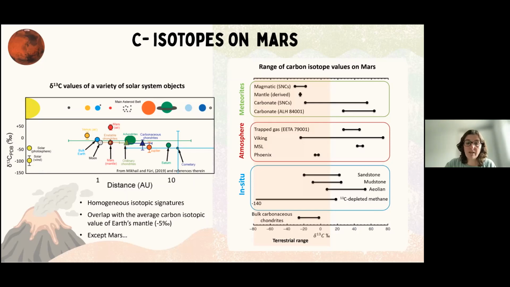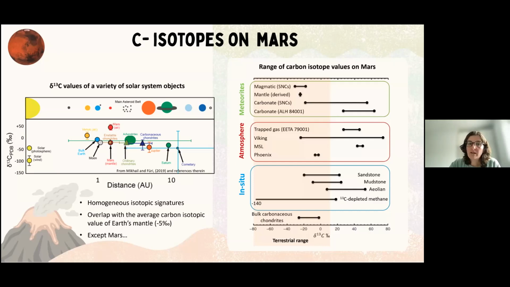But the last set of data comes from relatively modern analysis, all of them carried out in the Gale crater, also with delta carbon 13 values higher than terrestrial samples, even when we compare different lithologies, like for example here, comparing sandstone, mudstones, and aeolian deposits.